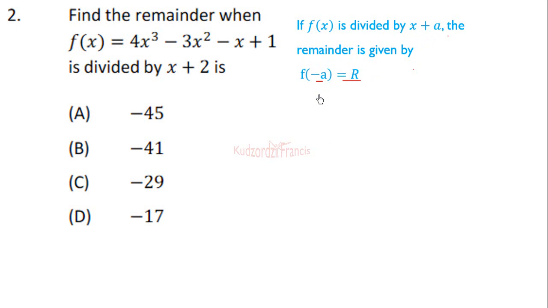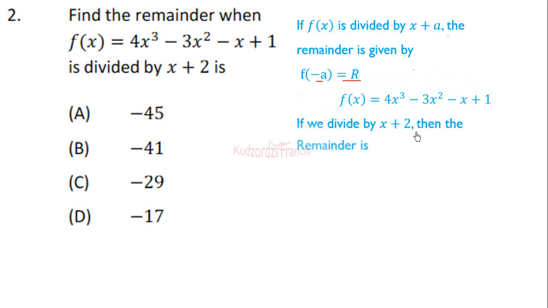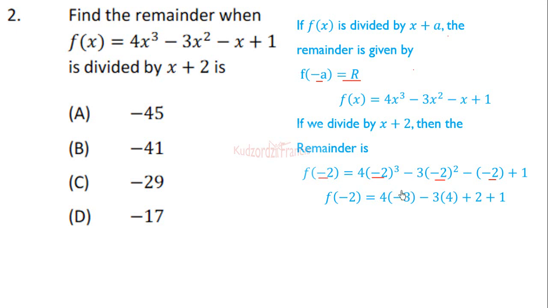Now we plug in x equal -2 into this function. Wherever we see x, we replace with -2, and that will give you this. Let's now evaluate. This will give us -8, and this will give us +4, and this will give us +2 plus 1.